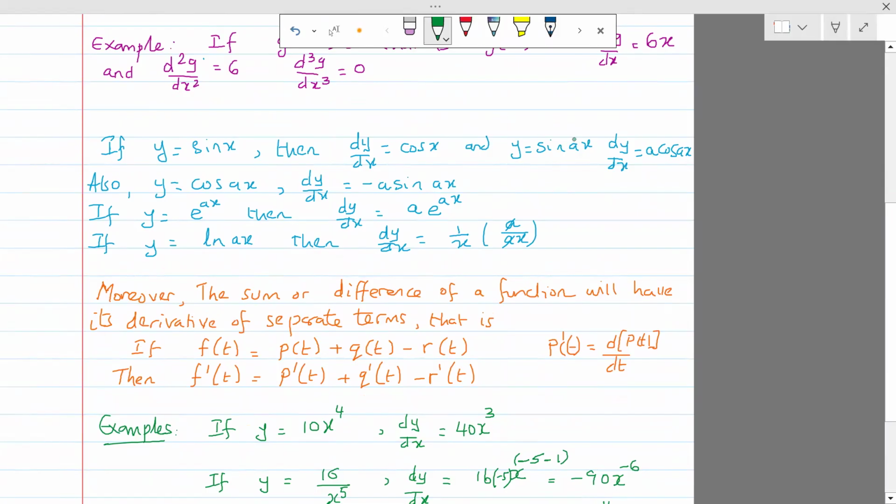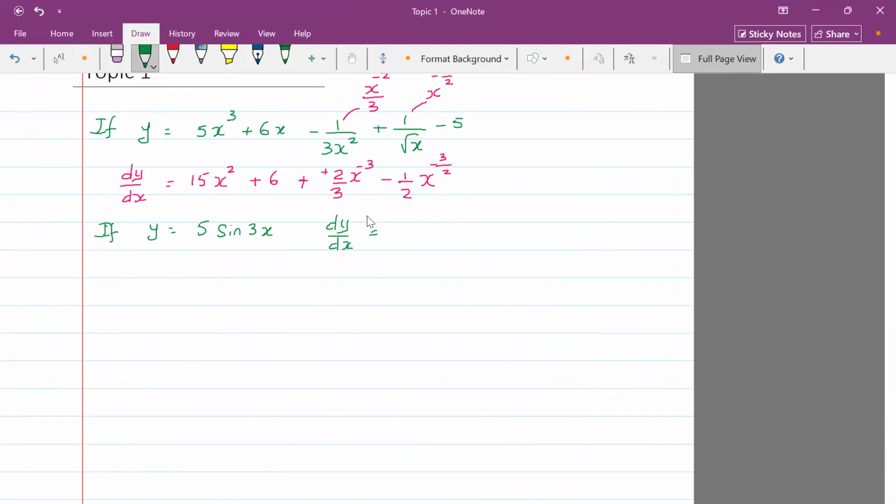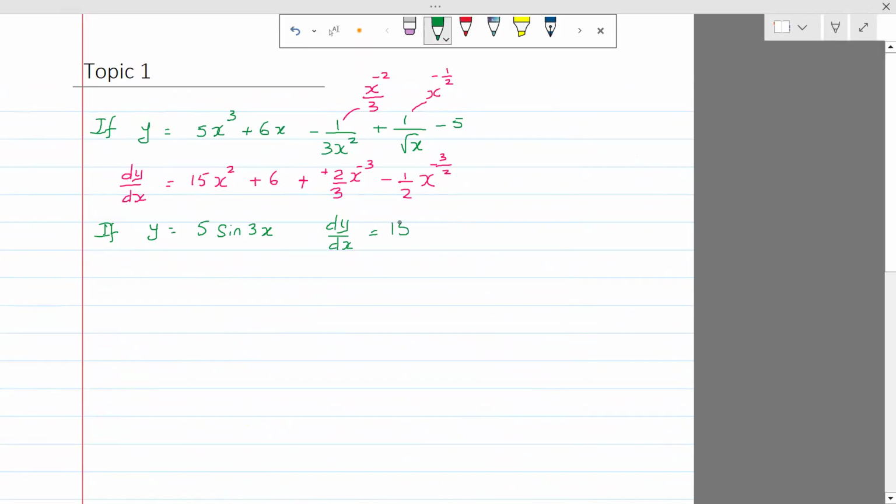You take the a, you bring it in the front, and then cos of ax. Cos of ax becomes minus a sine ax. So what happens here, I'm going to take this 3, I bring it in the front. This is going to be 15, 3 times 5, cos of 3x.